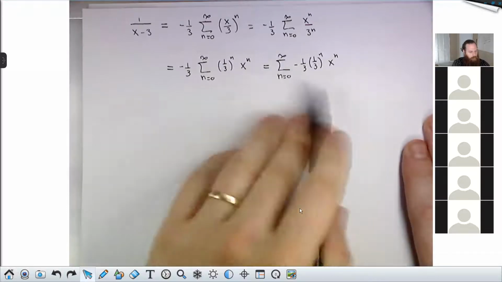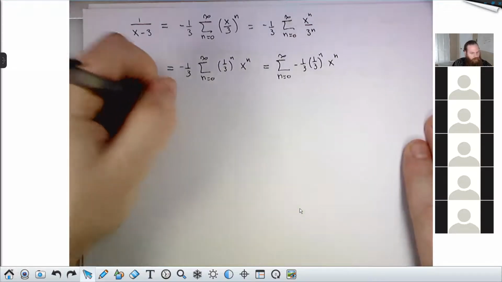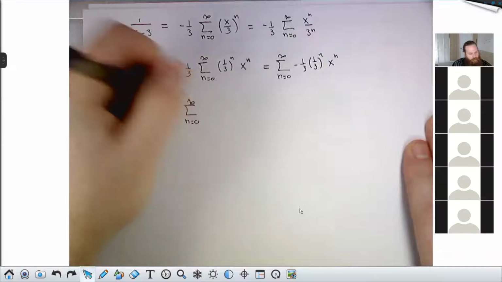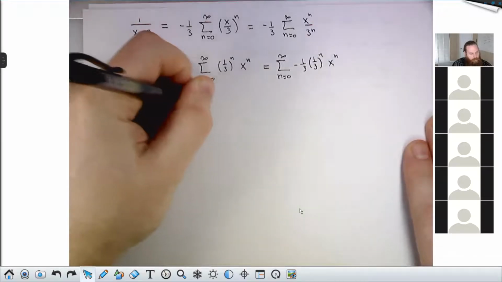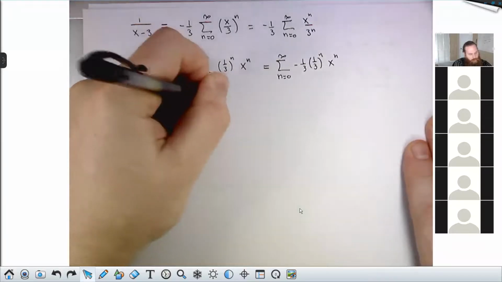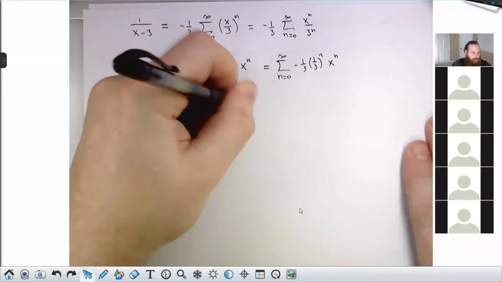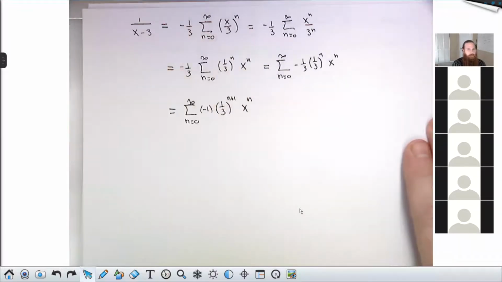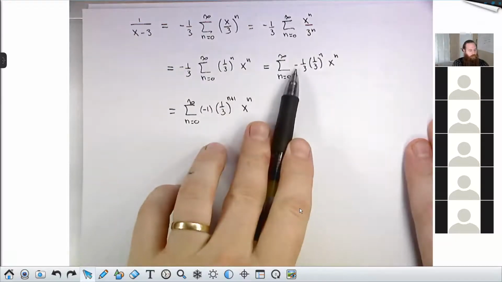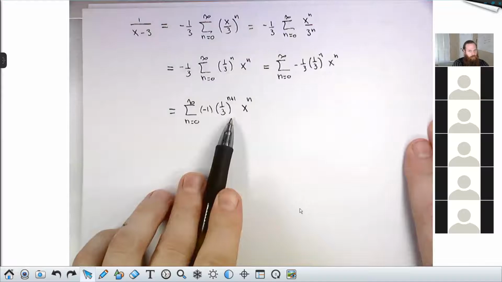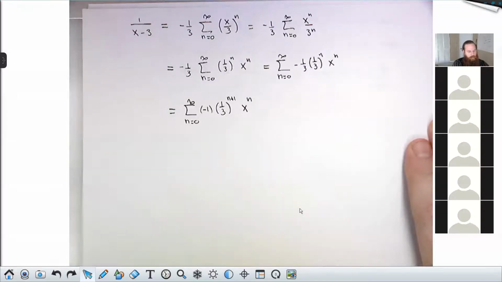And this can be cleaned up as well. That's sigma n from 0 to infinity, negative 1 times 1/3 to the n plus 1 times x to the n. The negative 1 is the negative. 1/3 times 1/3 to the n is 1/3 to the n plus 1, and x to the n is just x to the n.